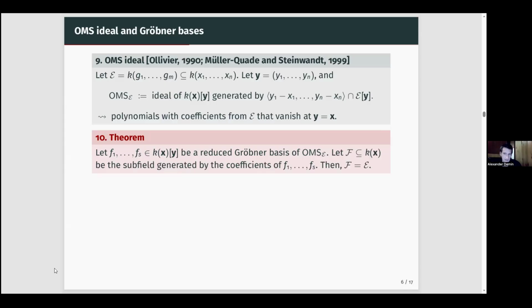Then if we take the coefficients of the Gröbner basis and generate a field, calligraphic F, it will be exactly equal to our original field. So basically, with respect to any monomial ordering, we can compute a reduced Gröbner basis, and it will give us an alternative generating set.